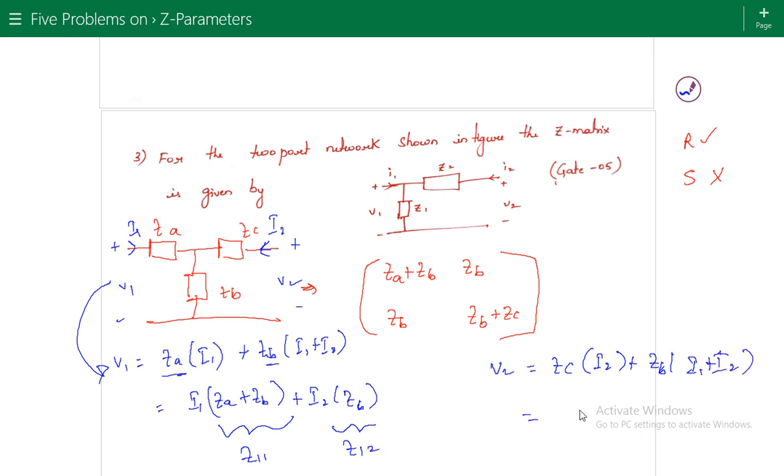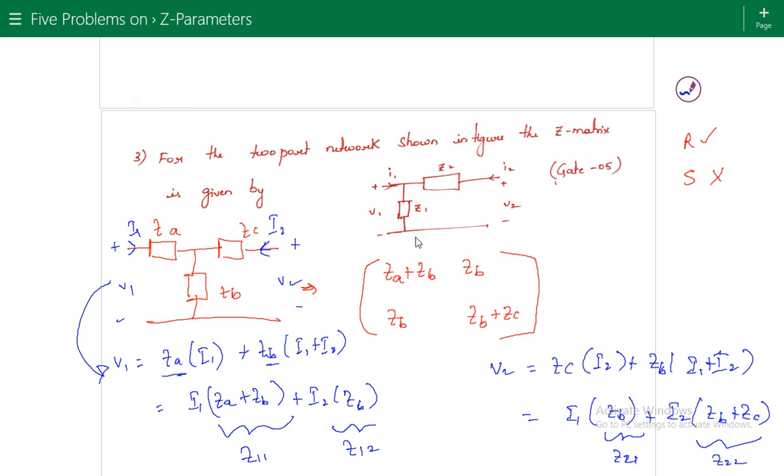Further solving, I can write I1 into ZB plus I2 into ZB plus ZC. This is Z21, this is Z22. So if this is a T network consisting of ZA, ZB, ZC, then the Z parameters are ZA plus ZB, ZB, ZB, ZB plus ZC. You need to know this shortcut.